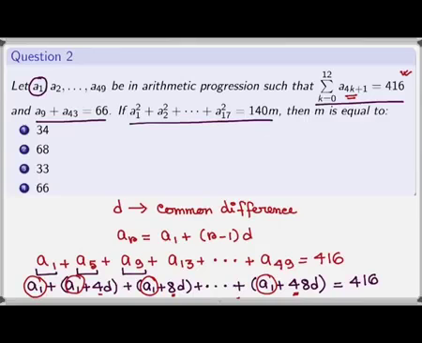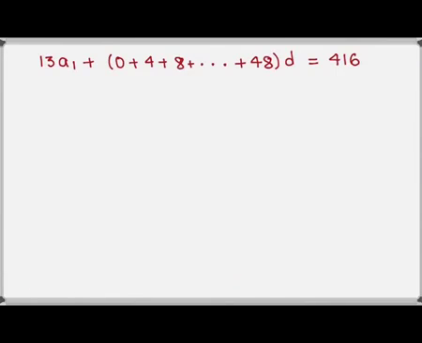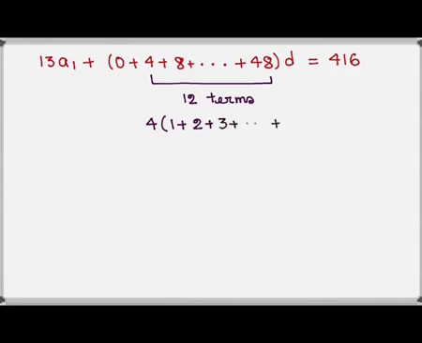So therefore we have here 13 a1 plus 0 plus 4 plus 8 up to 48 into d is equal to 416. Now here there are 12 terms. We can rewrite it as, taking 4 out, 1 plus 2, and the next term was here 12, so this is 3 up to 12.